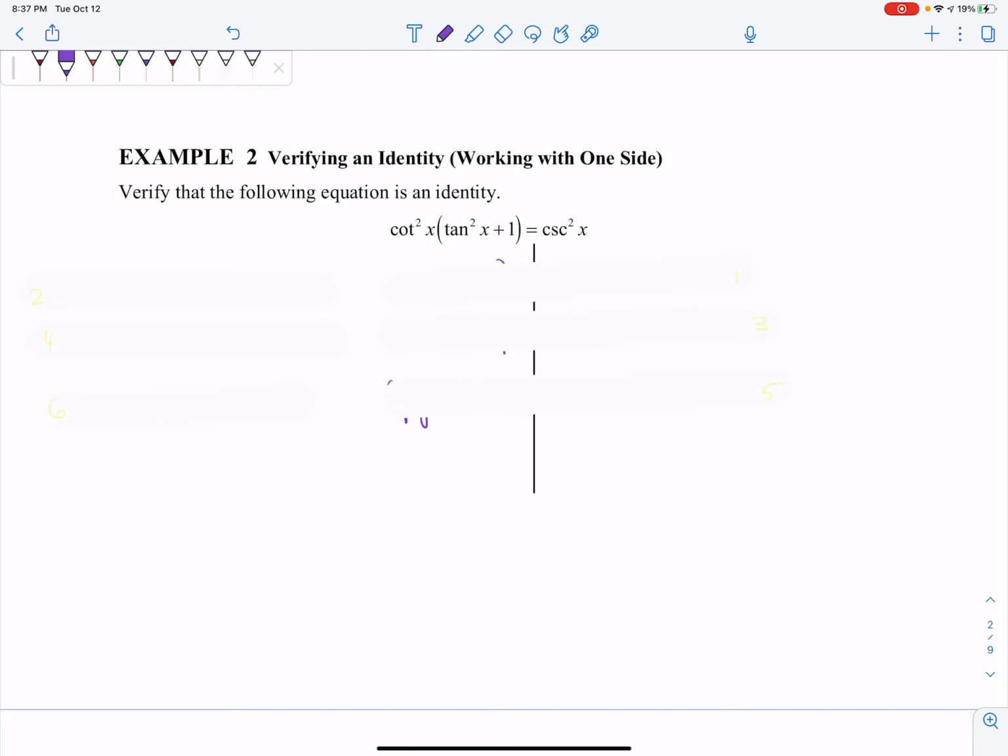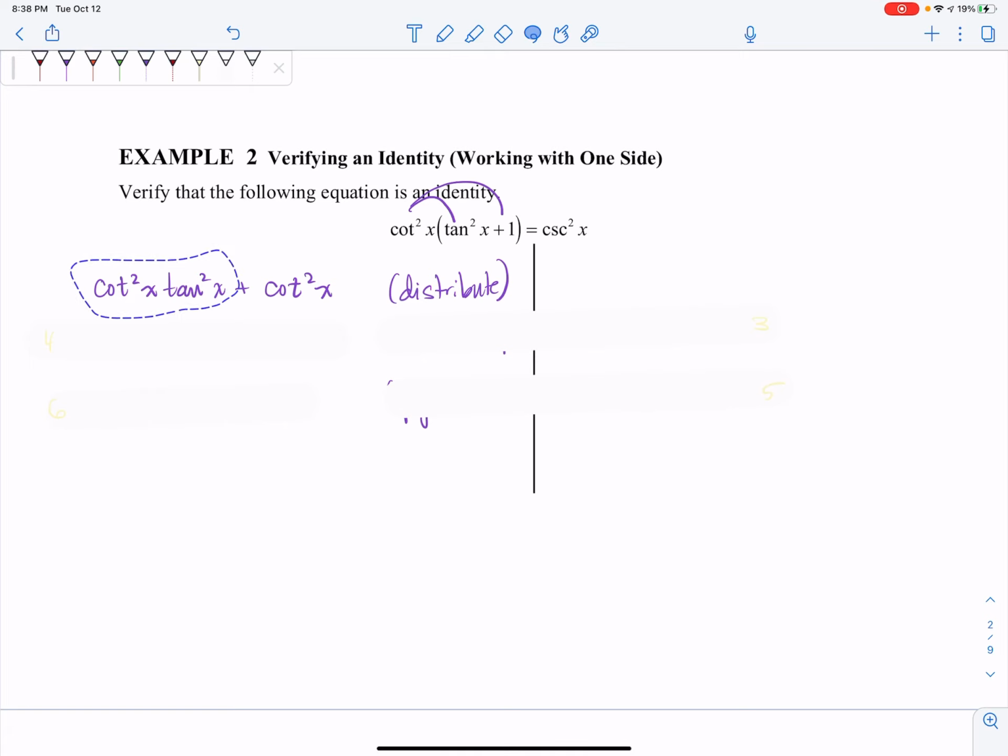Once again, I could use distribution. And so the very first thing is we'll go ahead and take our cotangent squared and multiply it by the tangent squared. And then distribute to both pieces. All right, so the next thing that we will do is think about these two right here.